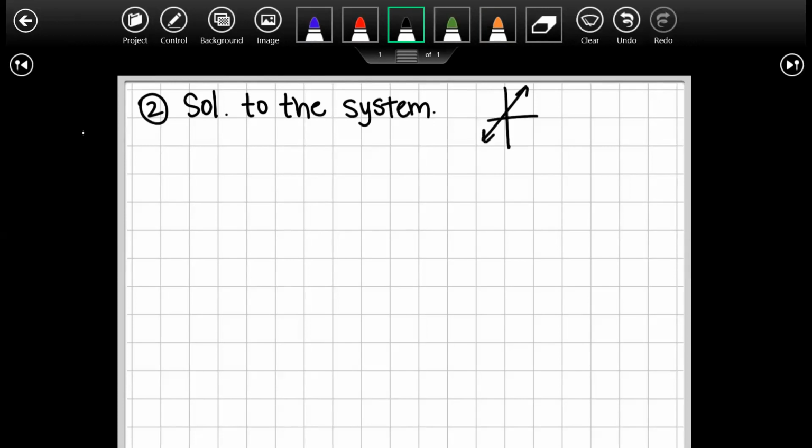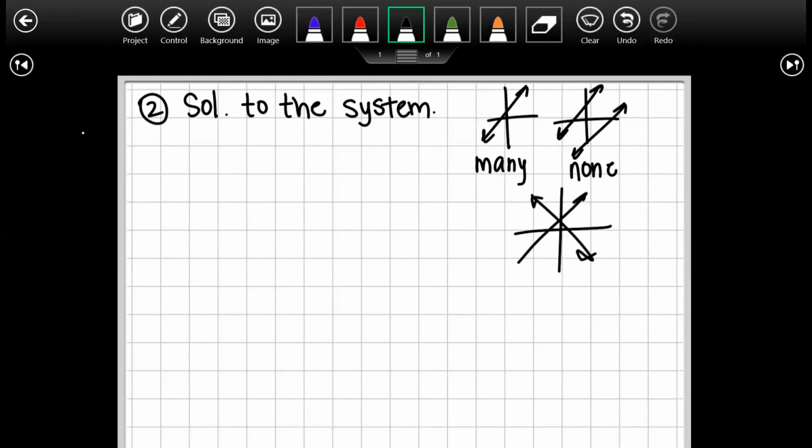That means we have many. We get side by side but not intersecting. We get none. And if we graph this one out and they intersect at one point, that means we just have 1.